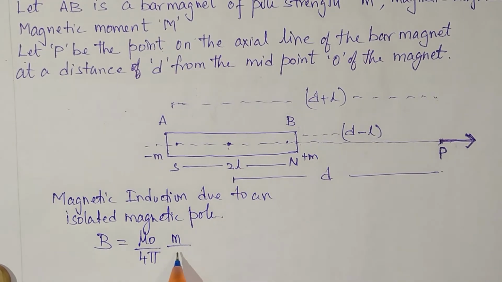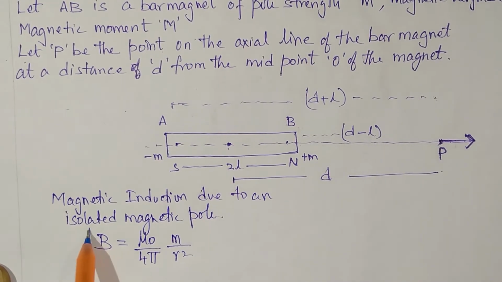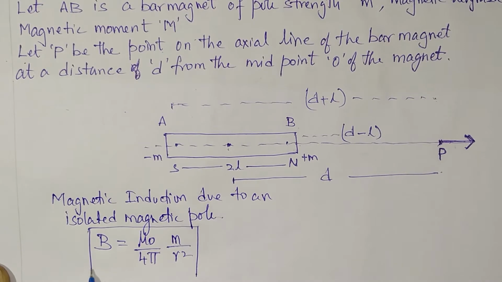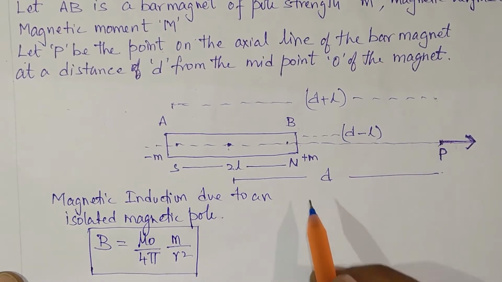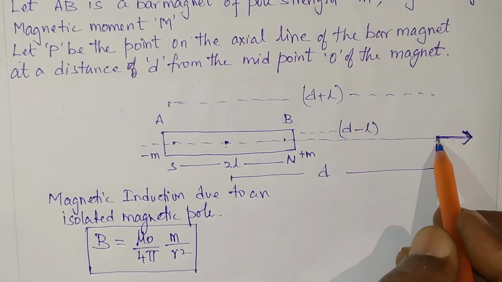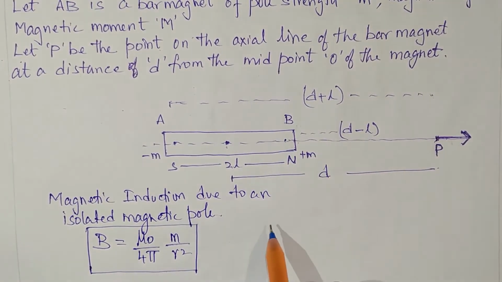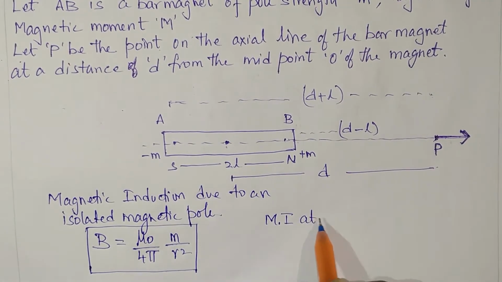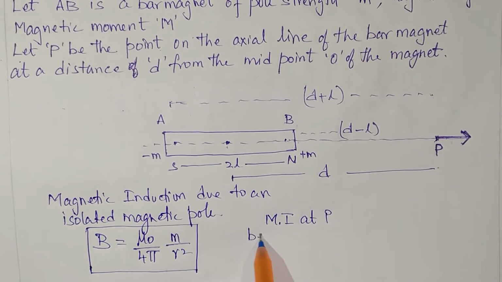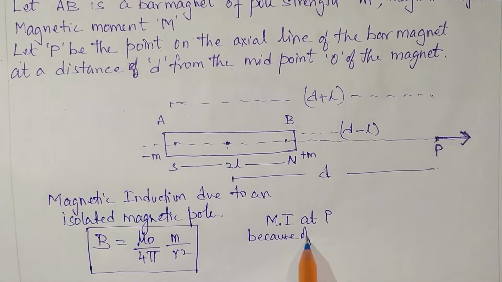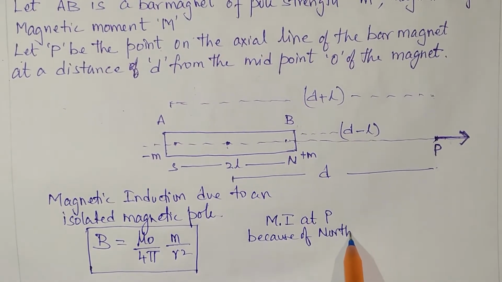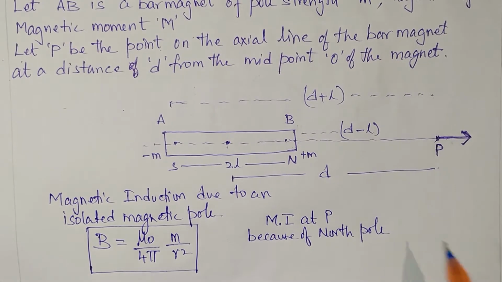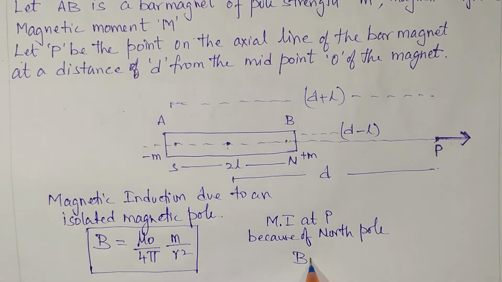We read it where r is the distance from the center to that point. So here we will apply this formula to calculate the magnetic induction at P because of the north pole. I will write it as Bn.